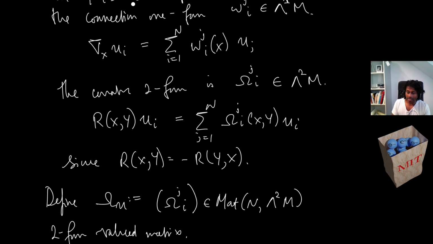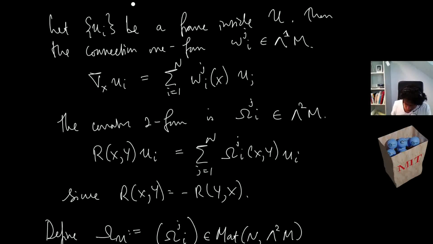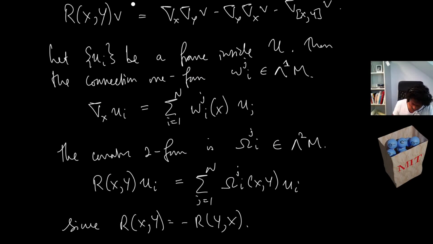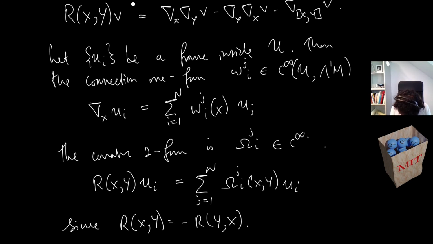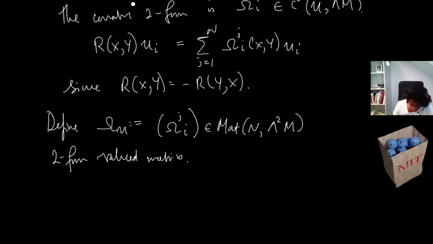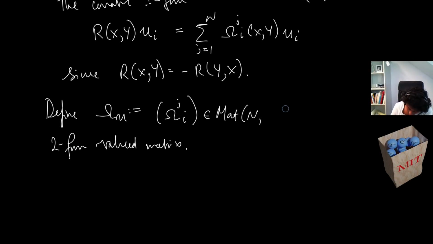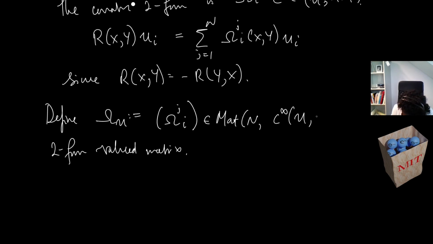But at each x it's going to be a two form. So this is now u landing us in the one forms. Just use the symbol for the sections. So then here we are really looking at u in the two forms as follows. Okay. So it's a two form valued matrix.